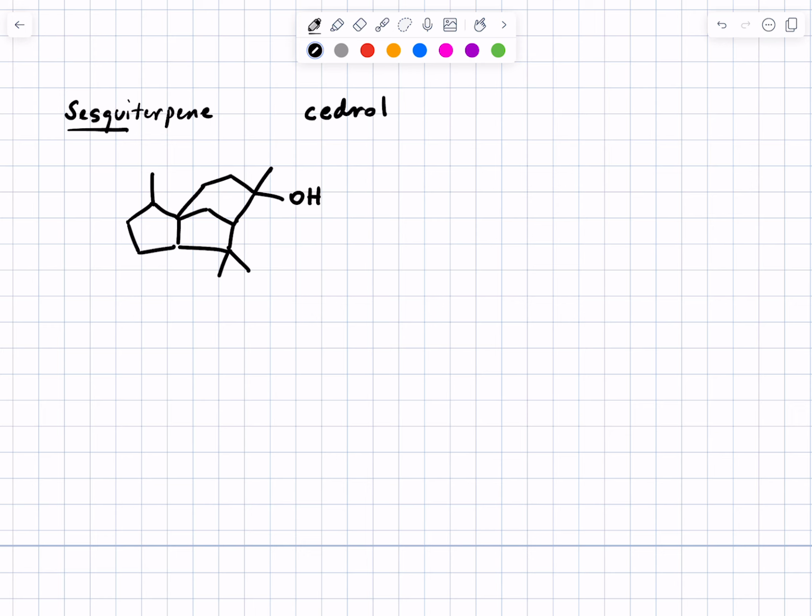Okay. Multiple fused rings. There's a 5-membered ring here, a 5-membered ring here, a 6-membered ring there. And then you can start counting the sizes of the other rings that you can form by continuing to go around the circle. A bridged tricyclic system is maybe what we would call this.